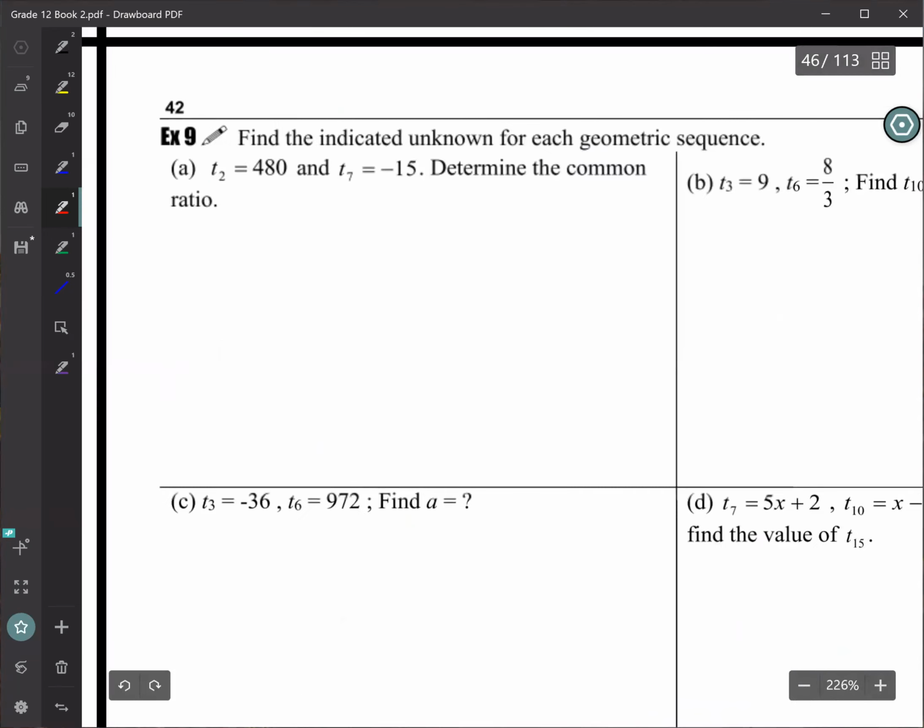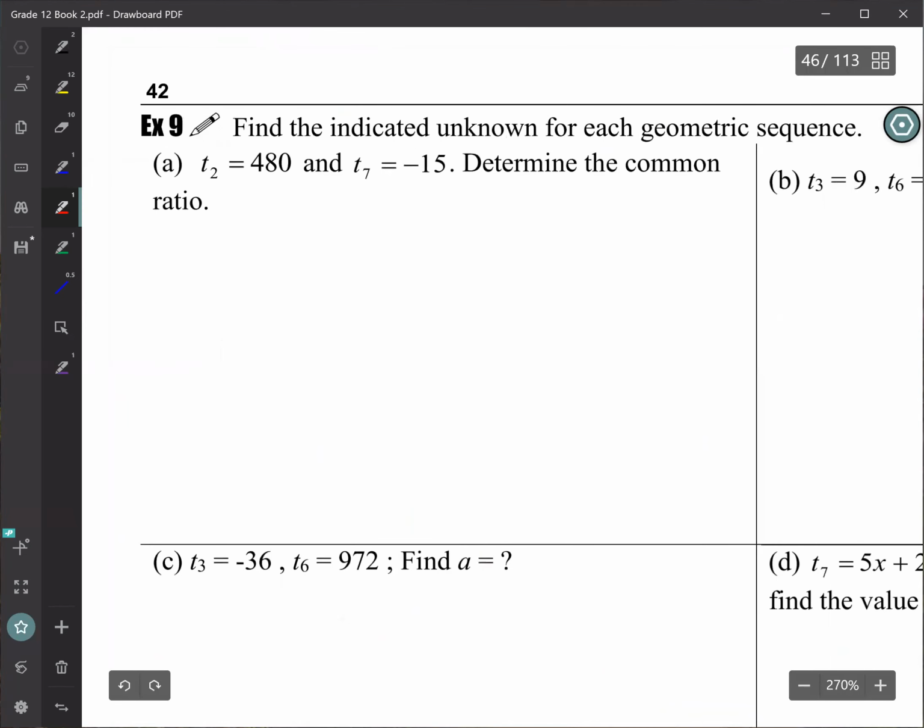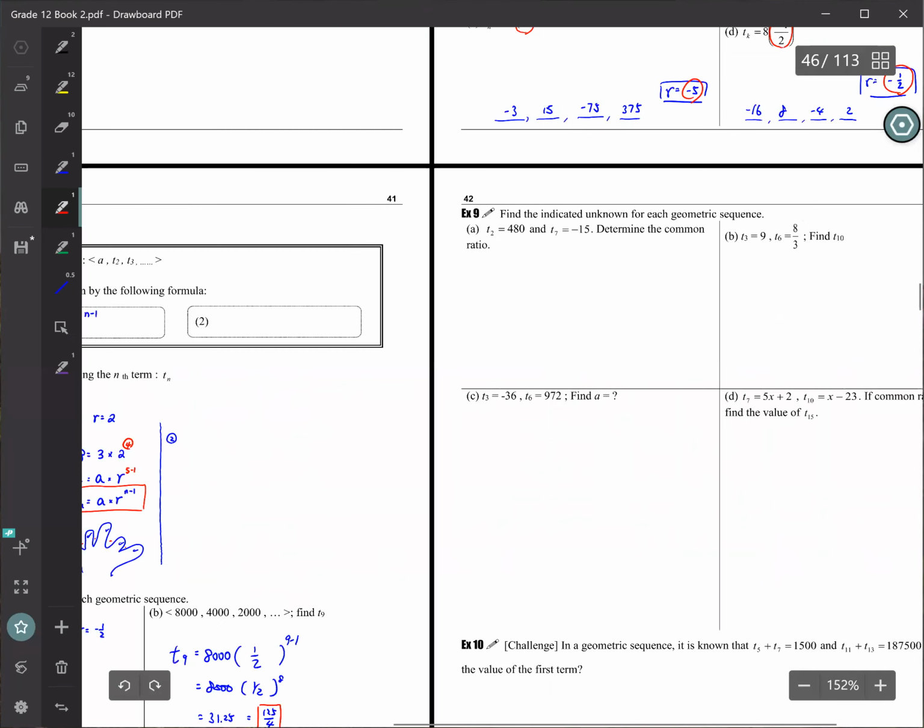They tell you the second term is 480 and the seventh term is -15. You only have two things and nothing else, and you want to use that information to find T20 or the common ratio. So when the first term is missing, that's where we need the second formula. Let's take a look.